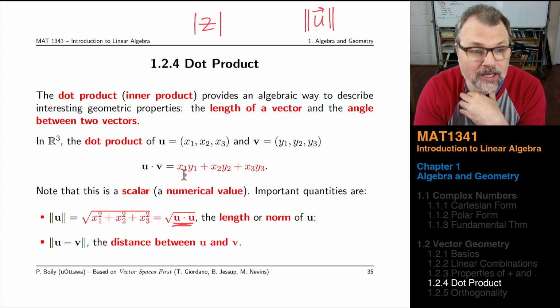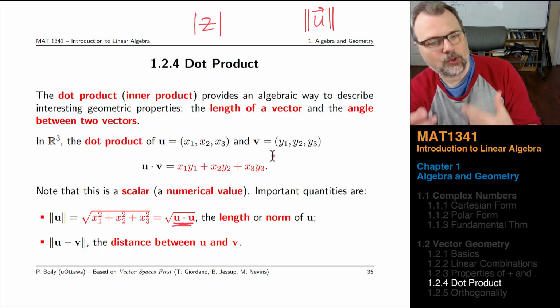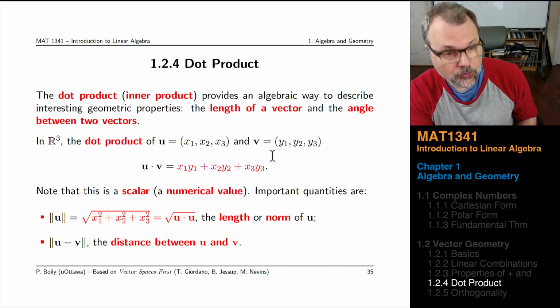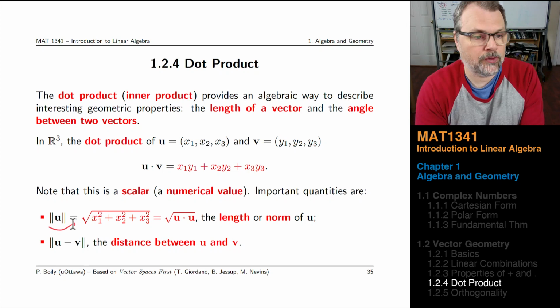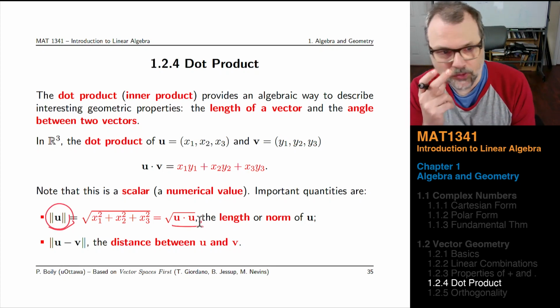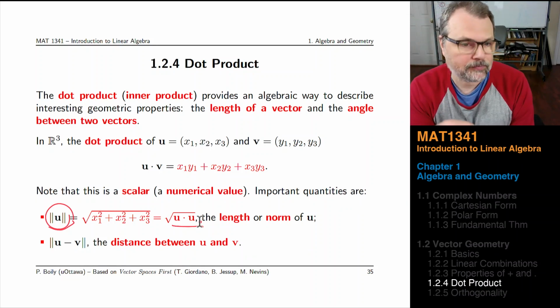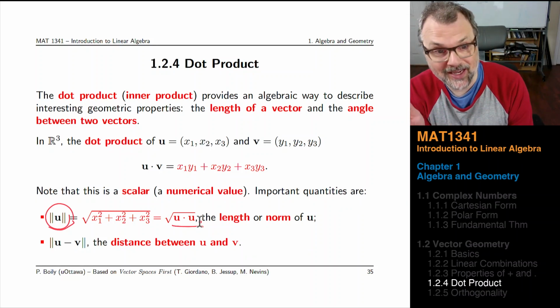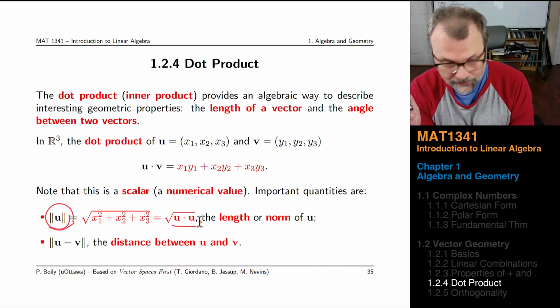So in this sum, we would have x1 x1, x2 x2, x3 x3, which is x1 squared, x2 squared, x3 squared. So you can compute the length of the vector u by first computing the dot product of u with itself. That's a scalar number. It's going to be non-negative, because you're looking at squares, and you take the square root of that.